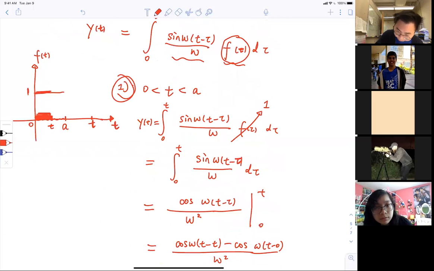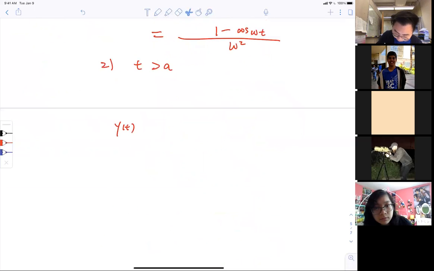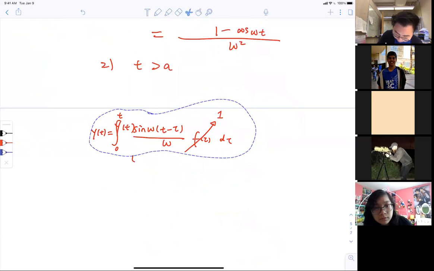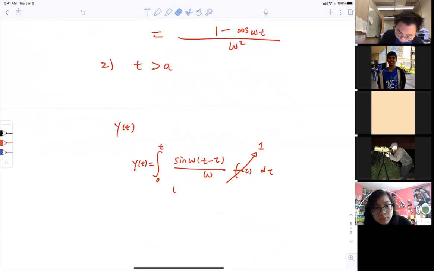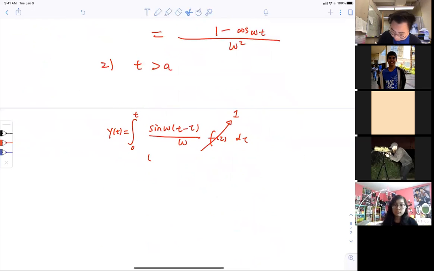let's copy this. In this case, you need to split your integration range into two parts. One is from 0 to a.